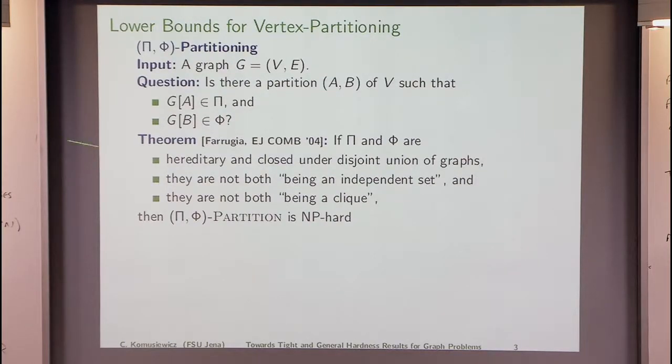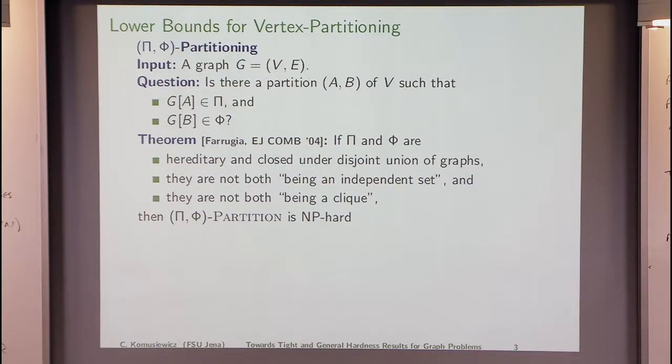So these two things are needed to make sure that two-coloring does not become NP-hard, because this is exactly two-coloring, or recognizing co-bipartite graphs. This property essentially means that the forbidden subgraphs are connected for both properties.